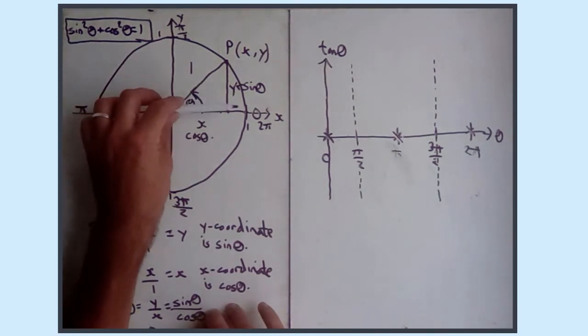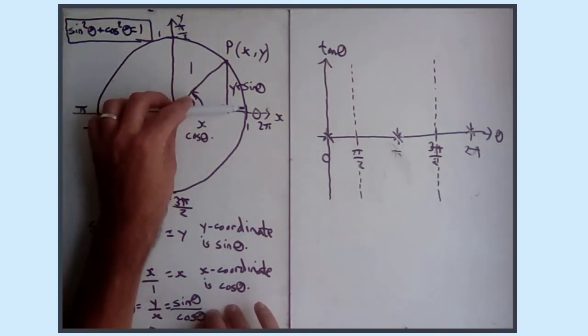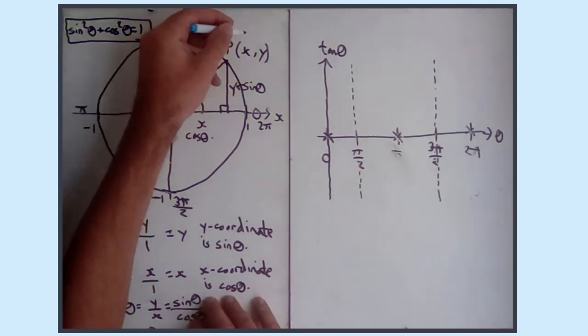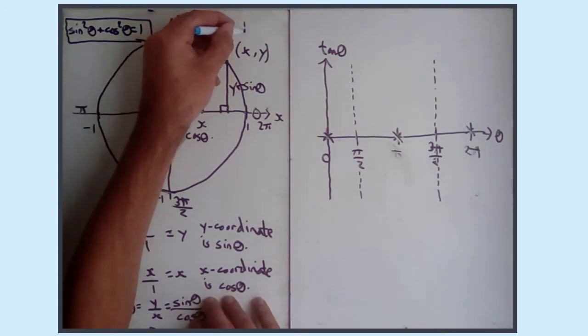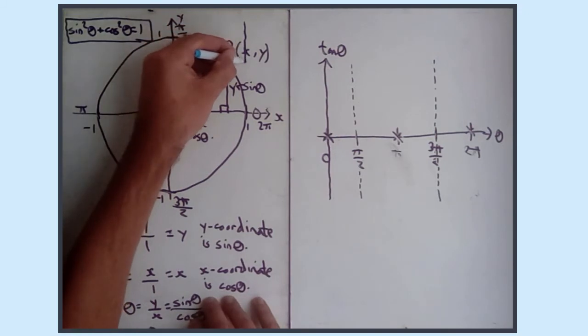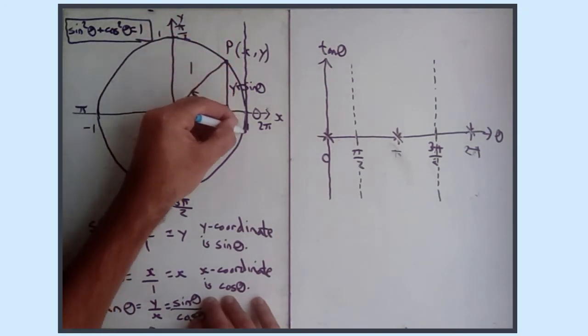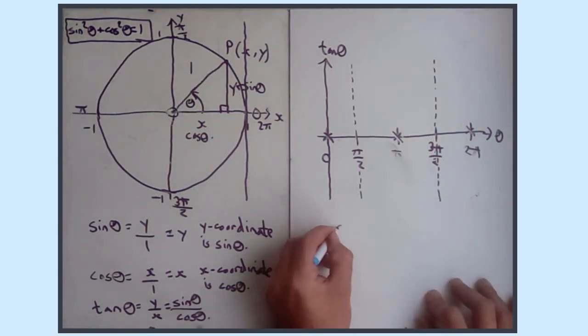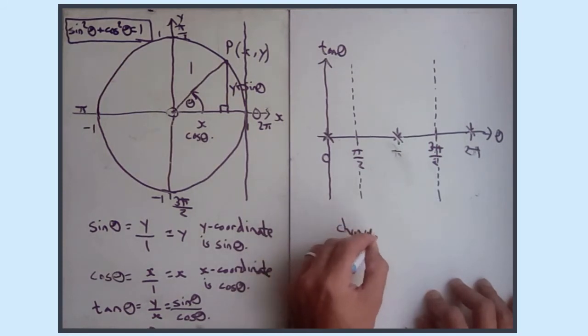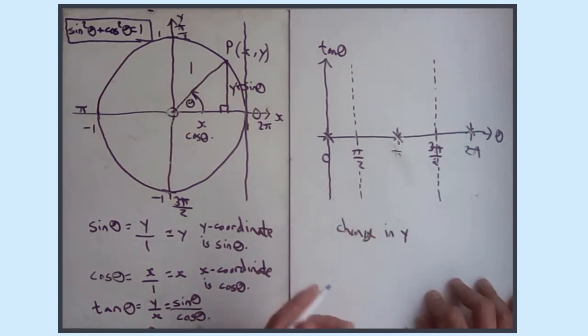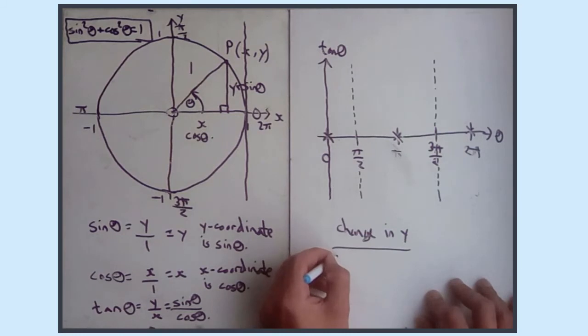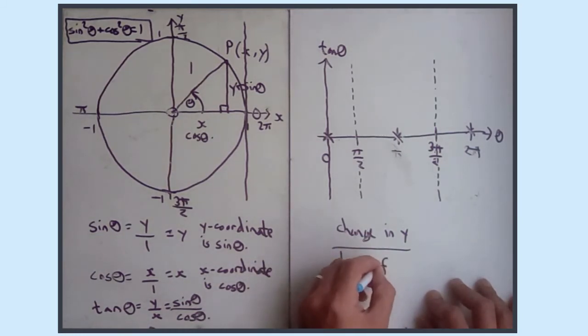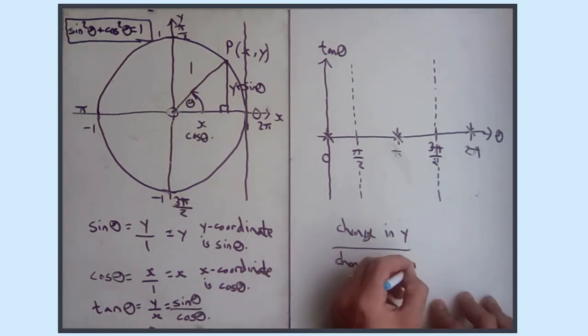So if you just think about your line, and actually I'm just going to add one more line because this gradient analogy works well. Now what I'm doing, I'm drawing the line x equals 1, right? So if you think about tan as gradient, remember gradient could be change in y, as in the y step, for unit change in x, as in change of 1 to the right in x.